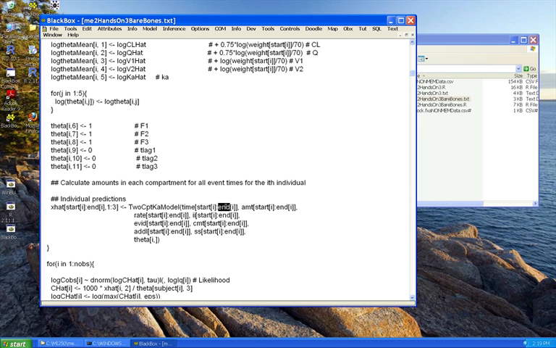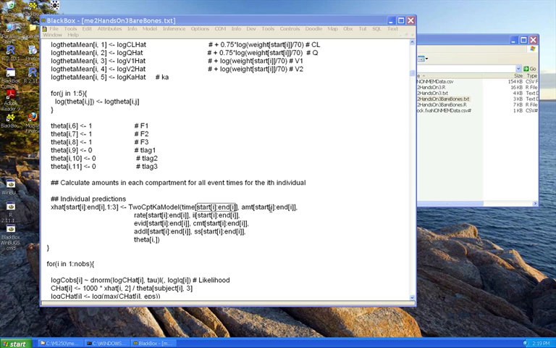Similarly, end I would then be the index of the time vector where the ith individual's data ends. It would be the last observation for that individual. So for each one of these vectors here, we're using this interval, start I to end I, to select out the ith individual's data. And we have to do that for each one of those vectors.